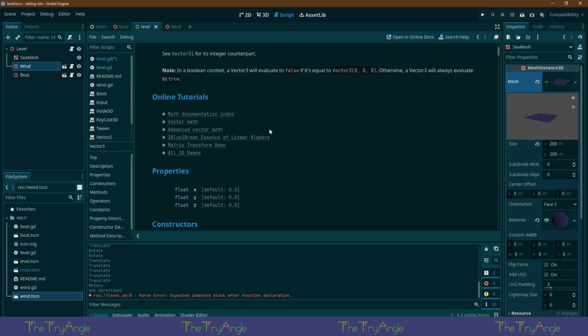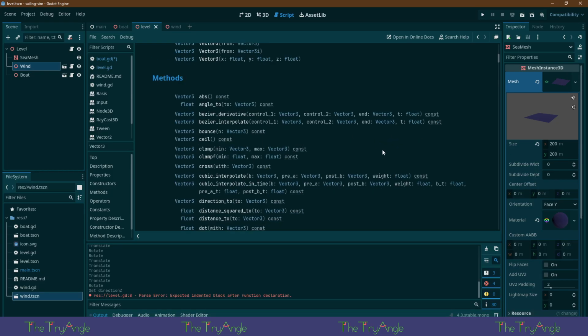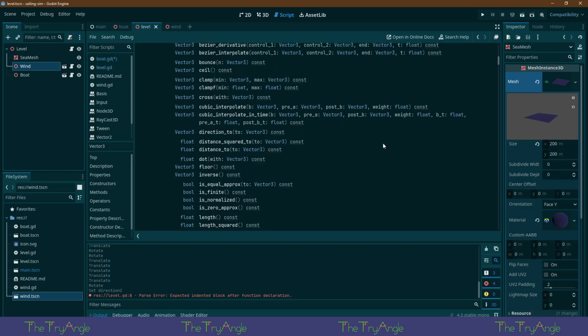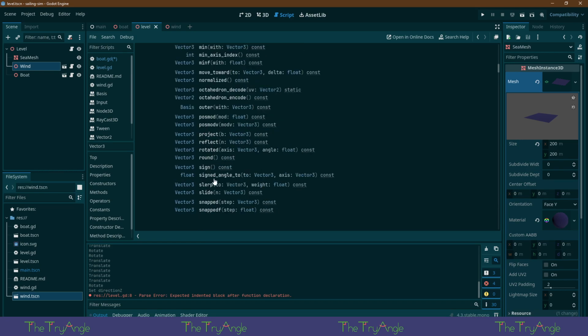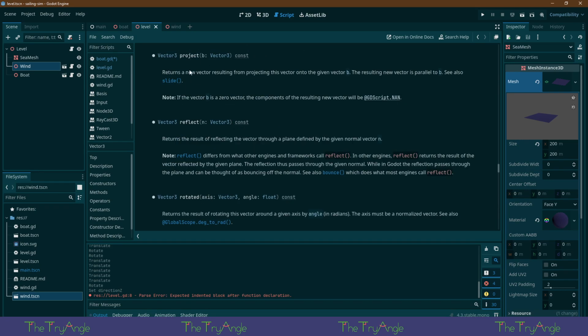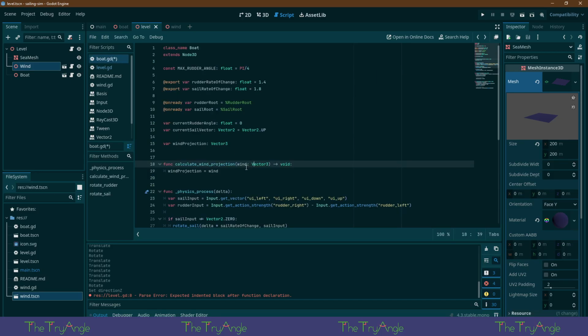What are all the little equations we could use? Direction to, distance, dot, floor. Is there no projection? Project. New vector. Resulting in this vector onto a given vector B. The resulting new vector is parallel to B. Okay, so here we go.